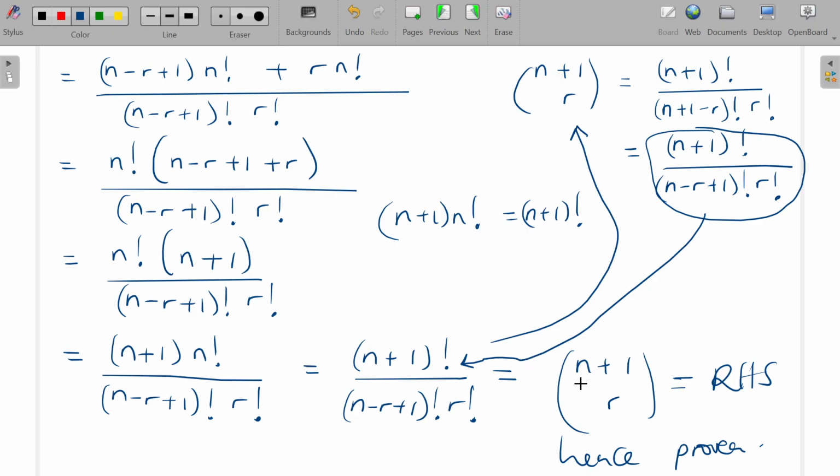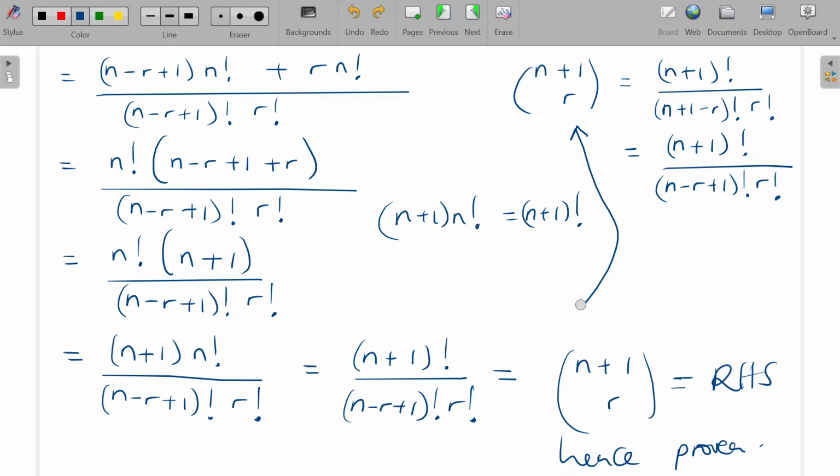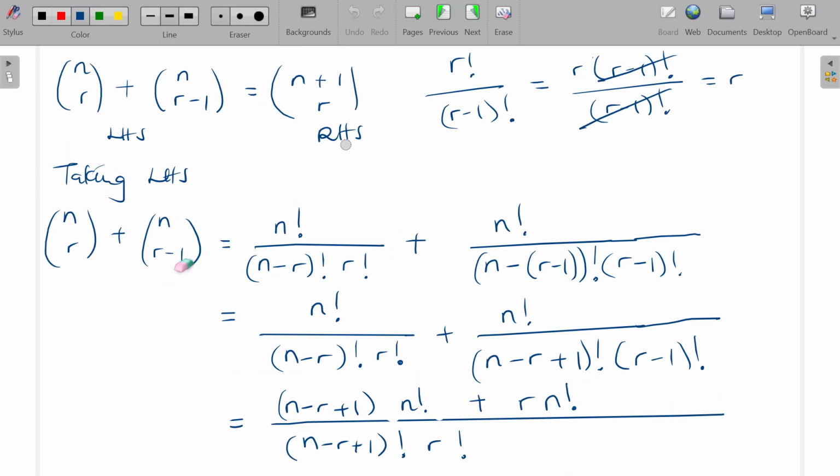Then it will be equivalent to the right hand side, hence proven. So that is what you're just going to do, and you're done with your question 3.